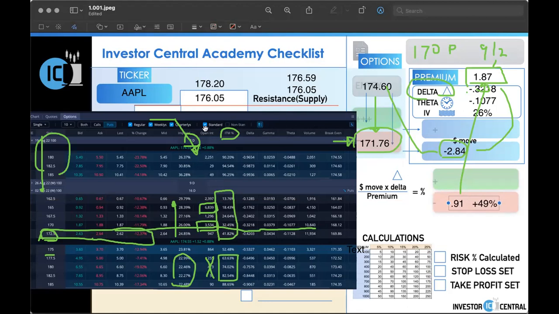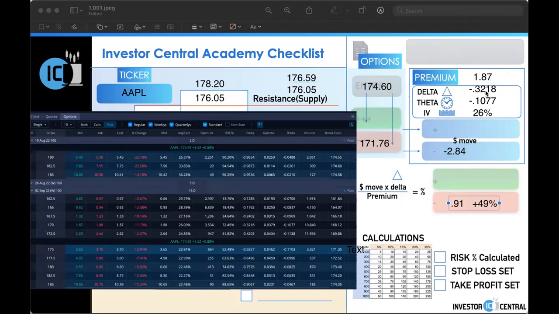Now, what would the drawdown be? Well, you have to look at where your stop loss would potentially be. If you're saying stop me out right here, right, then what you're looking at is another $1.45, right? And so you use that same delta to calculate: 0.3218 times $1.45, and that's a 46-cent move.